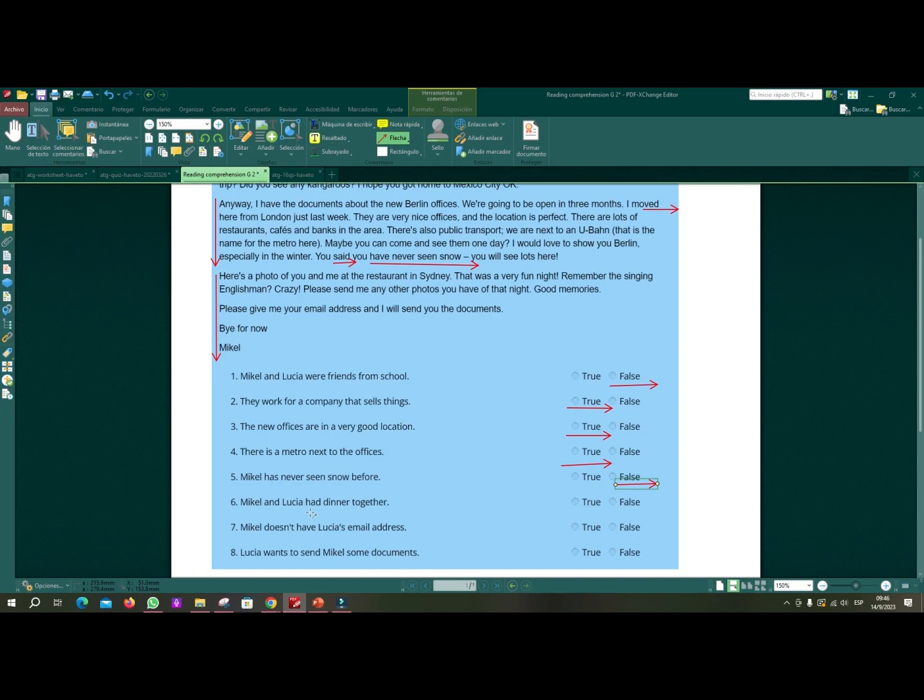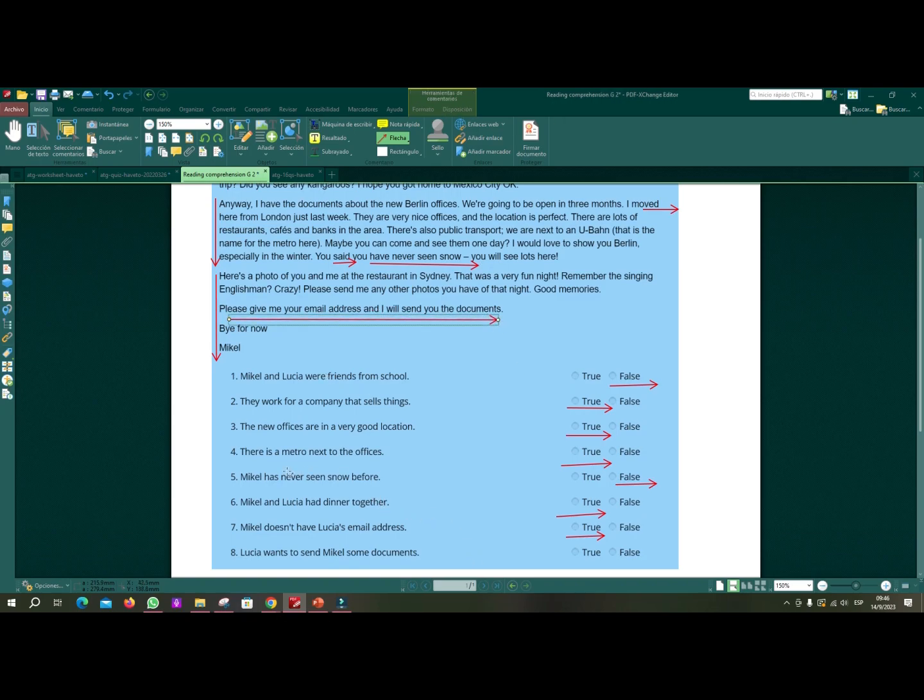Michael and Lucia had dinner together. That's past. True, teacher. That is true, right? Here you have a picture of you and me in the restaurant, right? That's good. So, 7. Michael doesn't have Lucia's email address. Doesn't have. Look at this one. True or false, teacher? Yes, that is true. Because here it says, please give me your email address and I will send you the documents, okay?